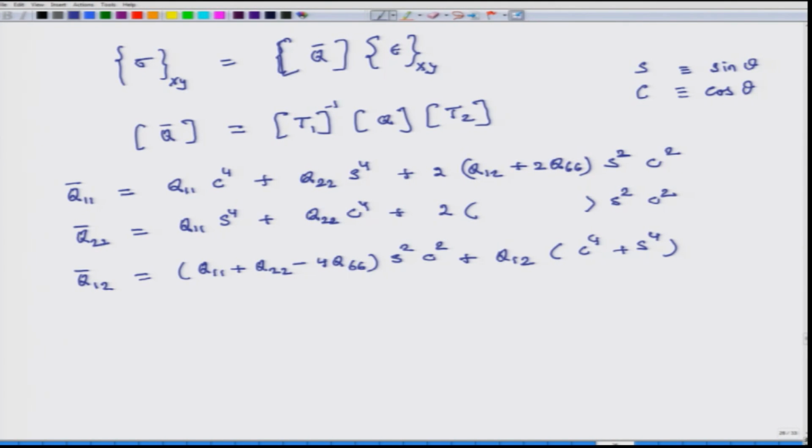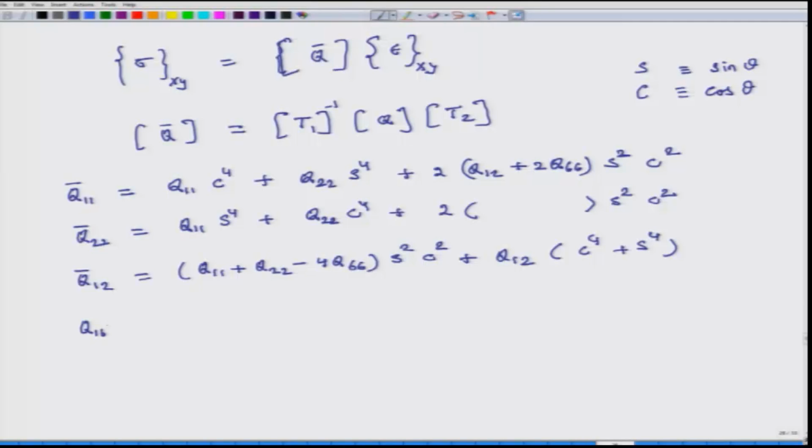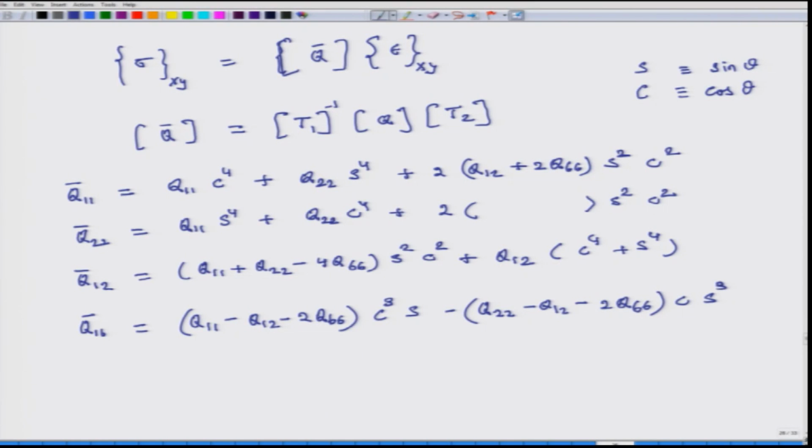Now, the Q matrix had Q16 and Q26 as 0, but in the Q bar matrix, Q16 bar is not 0. So, I will write down the expression for that. It equals (Q11 minus Q12 minus 2 Q66) cosine cube theta sin theta minus (Q22 minus Q12 minus 2 Q66) cosine theta sin cube theta.